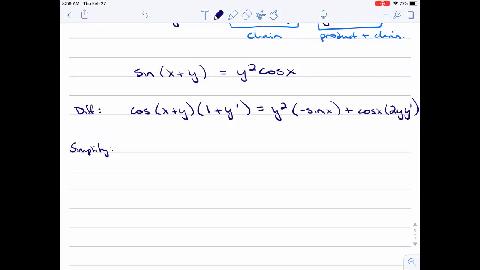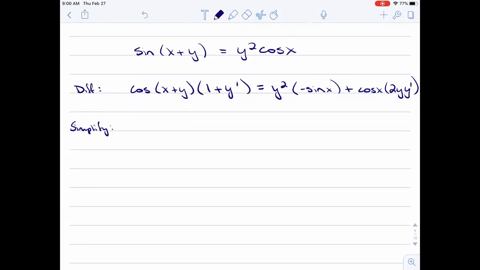So now, because I'm trying to solve for y prime, I'm going to try to get those kind of on the same side and then eventually shift everything else over and solve for y prime. Which means I need to shake it out of the 1 plus y prime times cos x plus y.